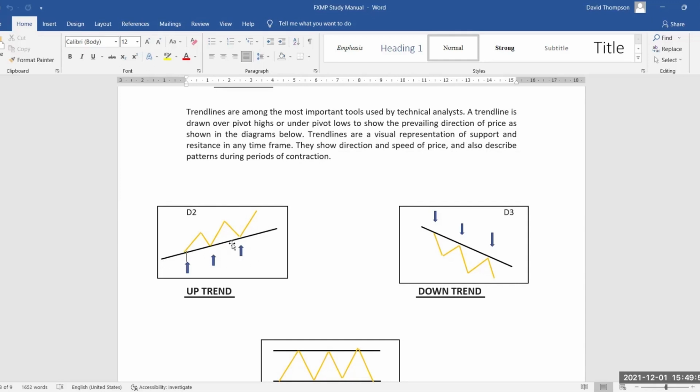So we have the uptrend line, drawn under pivot lows, with higher highs being made, and higher lows as well. Higher highs and higher lows in the uptrend.